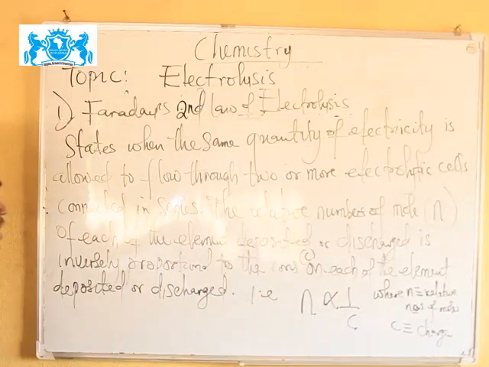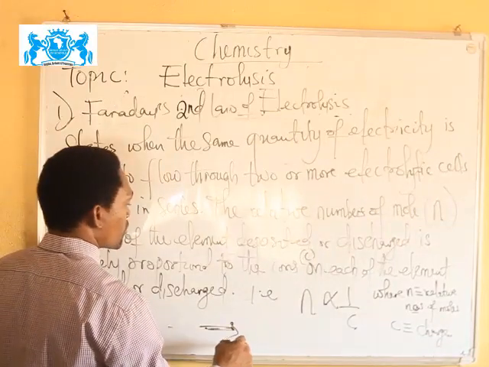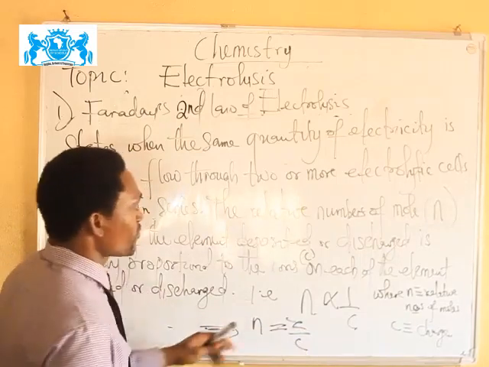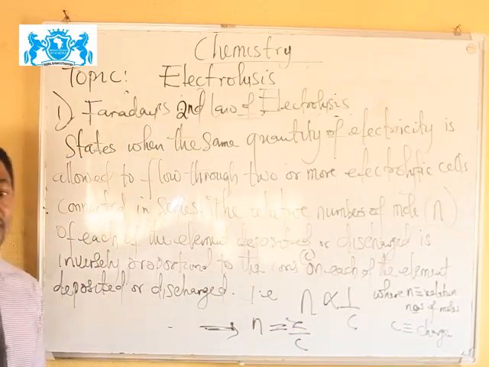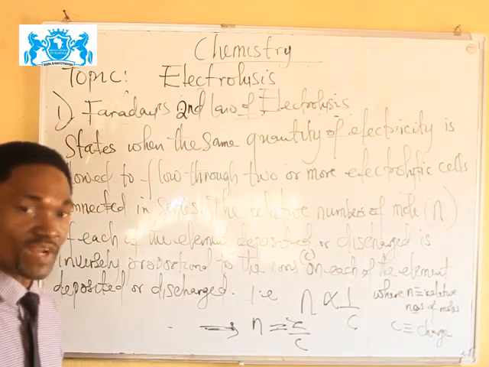Now, if we introduce a constant, it becomes n equal to Z all over C, where Z represents the constant of proportionality called the electrochemical equivalent.